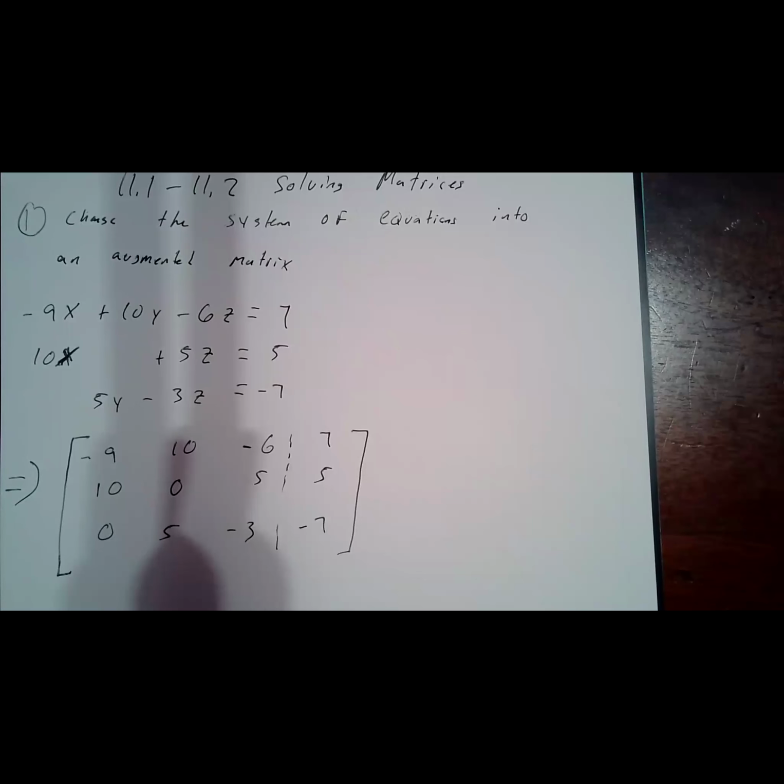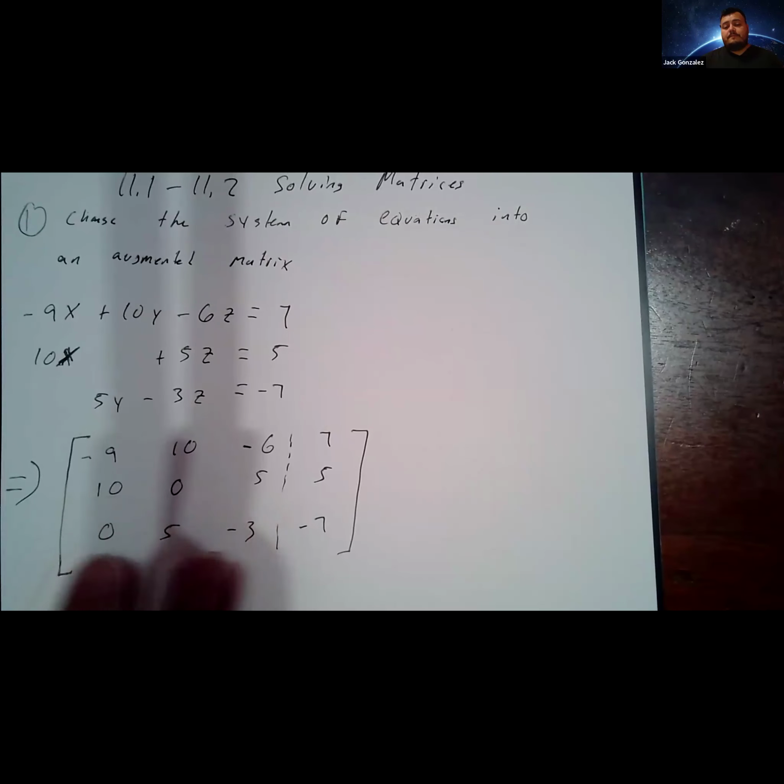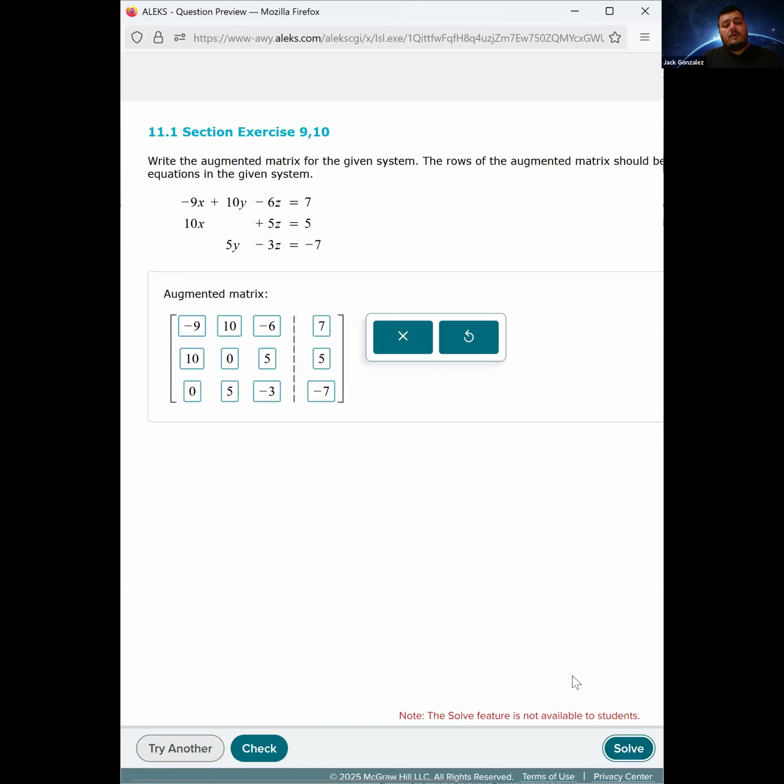So this is all the X's, all the Y's, and all the Z's. So that's all they want you to do, just fill this out. So that would be all those numbers.